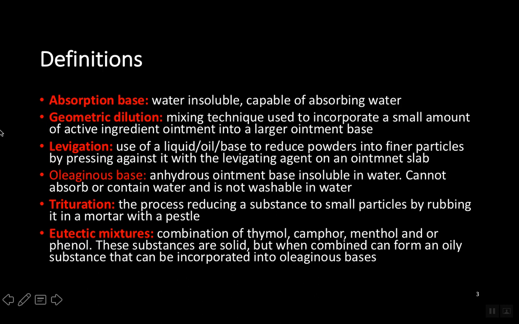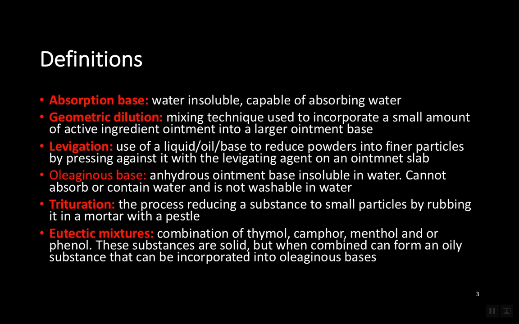We also have geometric dilution. This is just a technique of mixing things when you're compounding your ointments. So you usually compound your ointments on an ointment slab, which is literally like a very thick glass square that you compound your ointments on. You may have, let's say, 2 ointments or 3 ointments on that slab that you want to mix together.